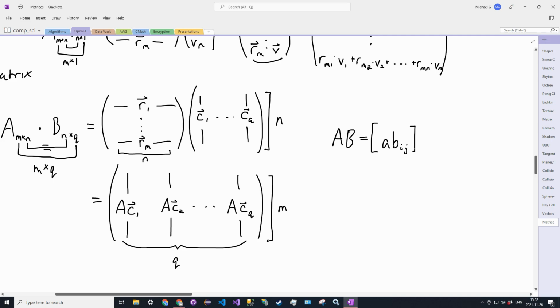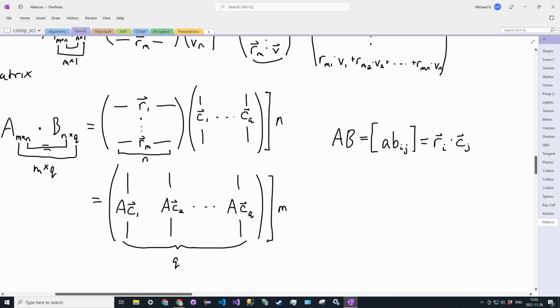And you can often use this notation if the element at the ith row and jth column is defined by its position, by its indices. So here it is actually. We take the ith row from A, so Ri dotted with Cj. And this definition here is consistent with what we had in the drawing.